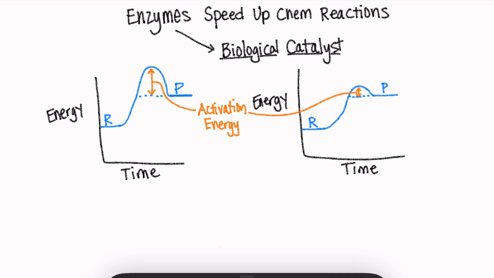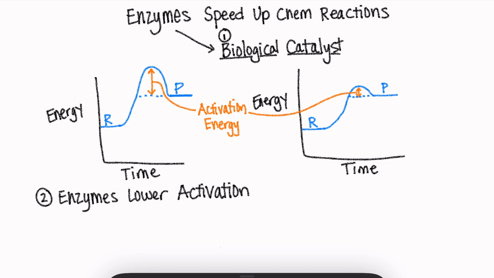So we could say that number one, enzymes are biological catalysts. And a second thing to say about them is they speed up chemical reactions by lowering activation energy. And make it easier for the reaction to proceed.